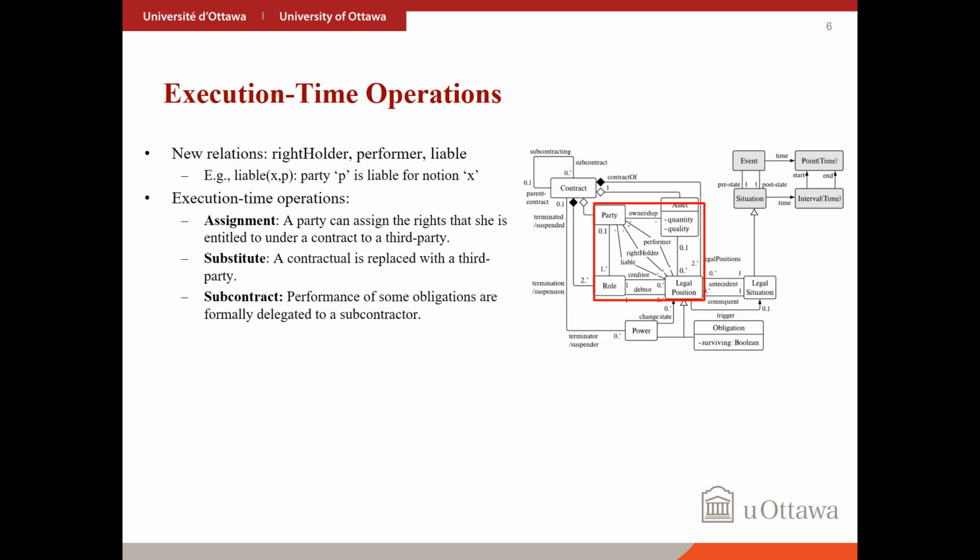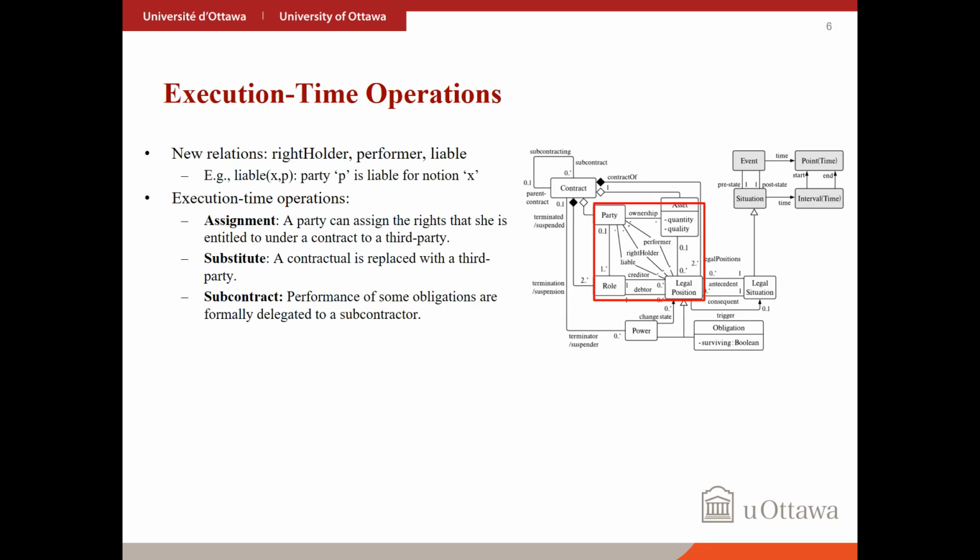The most notable types of operations are subcontracting, substitution, and assignment. By assignment, a party can assign the right that she has to a third party. By substitution, a party leaves an ongoing contract and has a third party replace her in the contract.